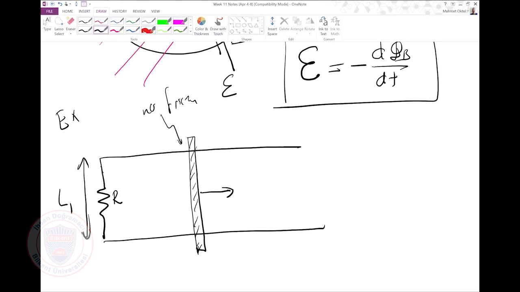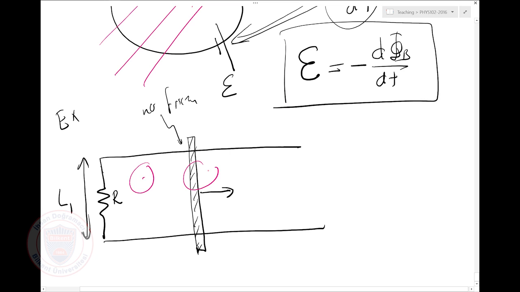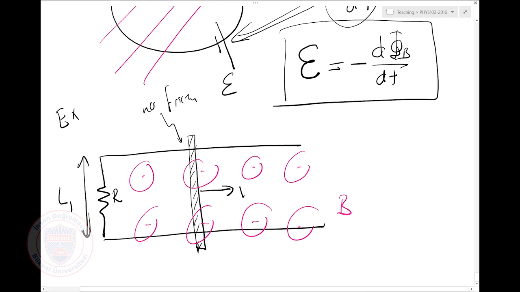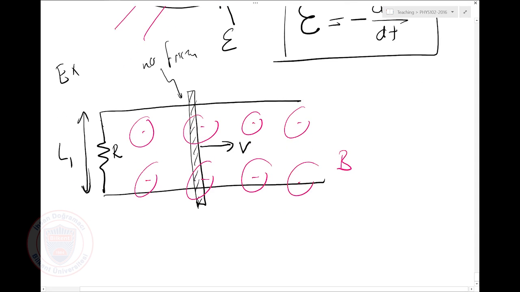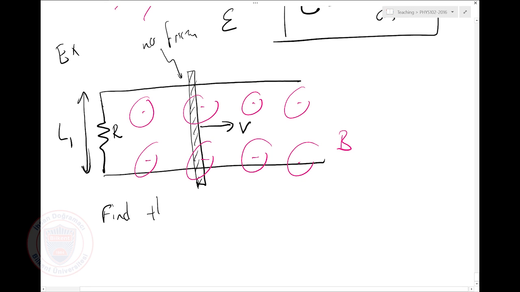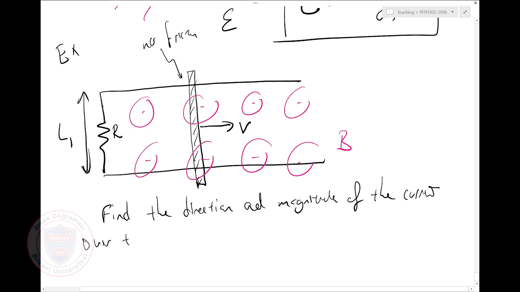Let's say that there is a magnetic field that's coming towards me, uniform magnetic field everywhere. And if I pull this piece of metal with velocity v, I would like to find the direction and magnitude of the current over the resistor.